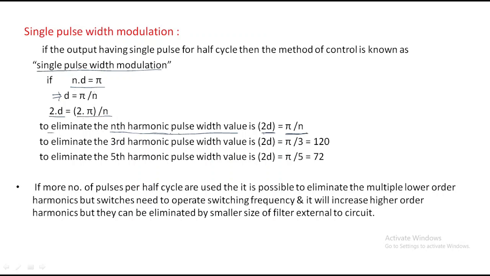To eliminate any nth harmonic, pulse width value 2d equals 5 by n. This is a very important formula. 2d here means pulse width. Don't confuse, 2d simply means pulse width. Understand? Right.